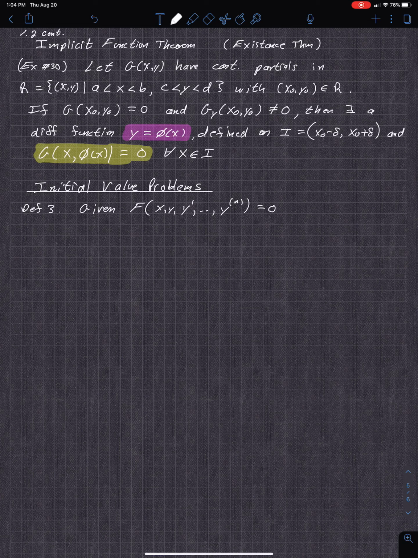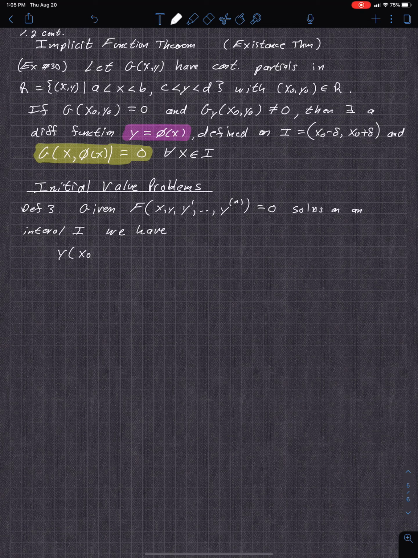Okay, so given that differential equation of the nth order, solutions on an interval I, we have these statements that satisfy the different components.